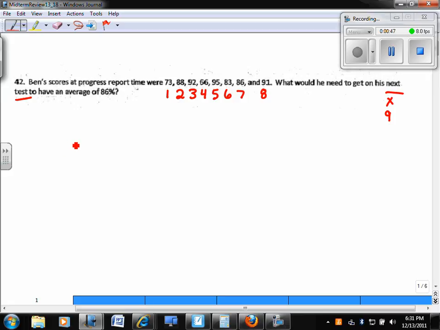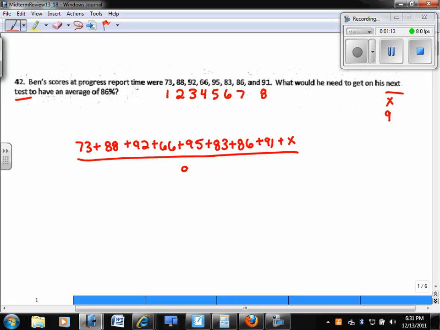So we need to add them all up. 73 plus 88 plus 92, 66 plus 95 plus 83 plus 86 plus 91, plus our next test, which is X, all over 9. And what would we like that average to be? We would like that average to be 86. So we have to solve for X.